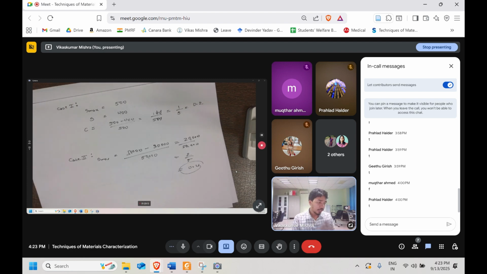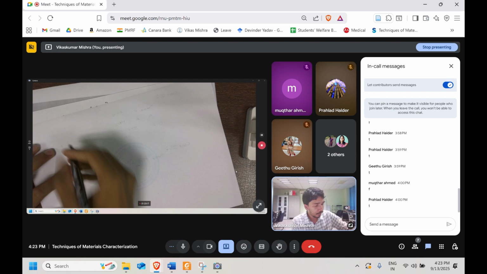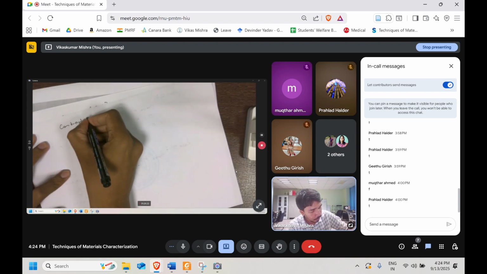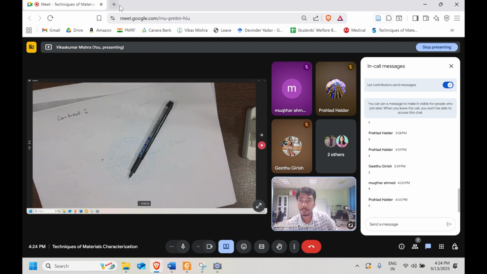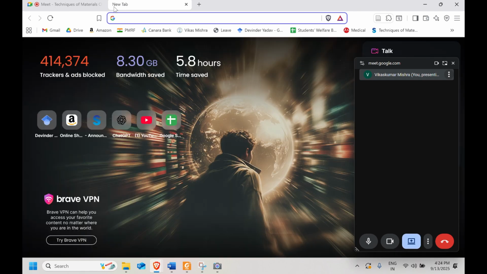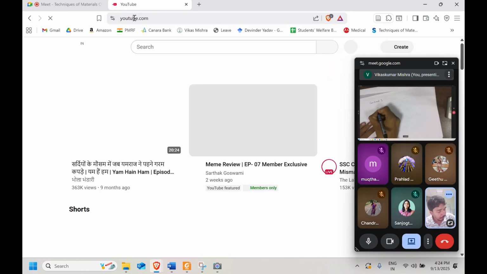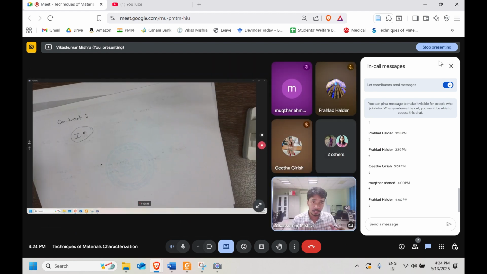There is one thing when we talk about the contrast. If I keep on increasing the current, the entire thing will start to get brighter and brighter.